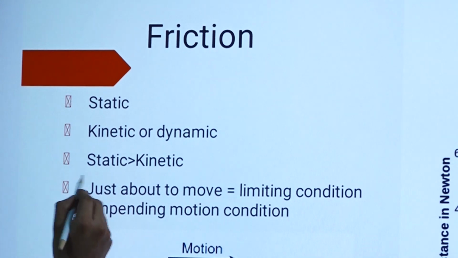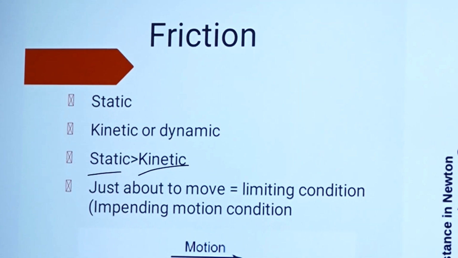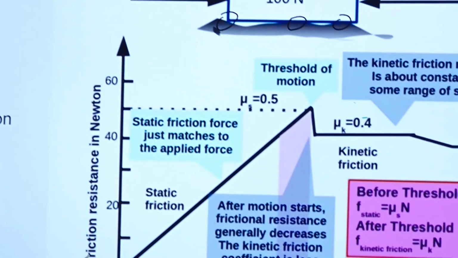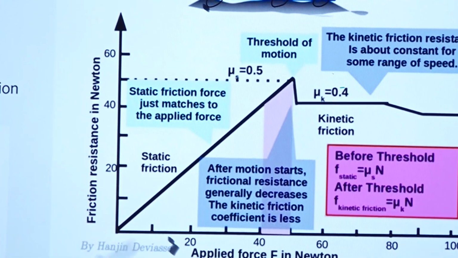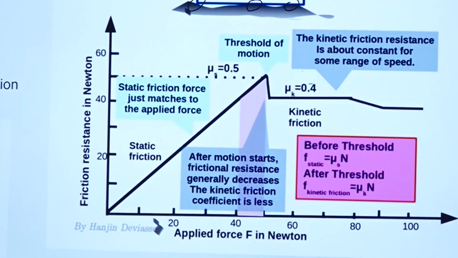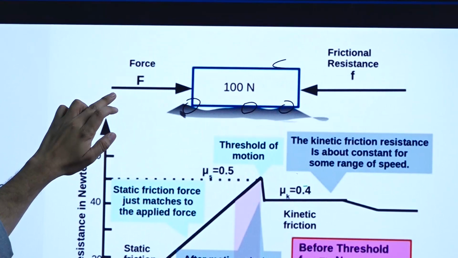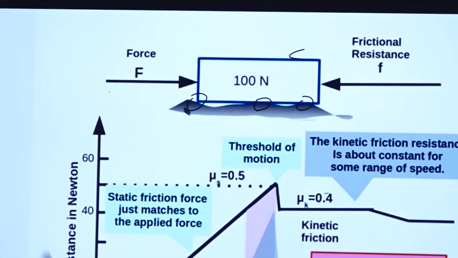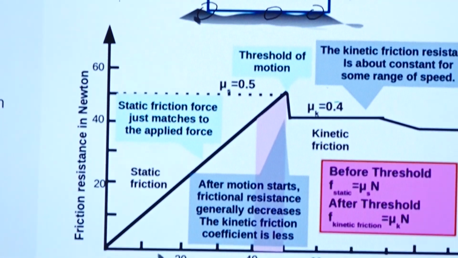And normally static friction is more than kinetic friction. So in this diagram, you can see a curve between frictional resistance in Newton and applied force F in Newton. The applied force is capital F and the frictional resistance is small f. This is a curve between them.